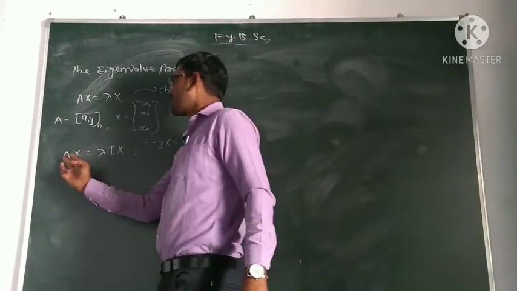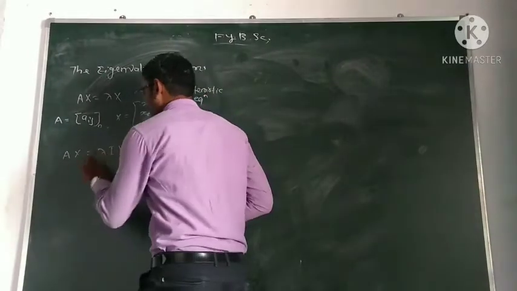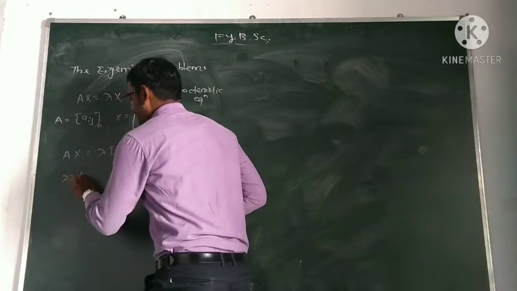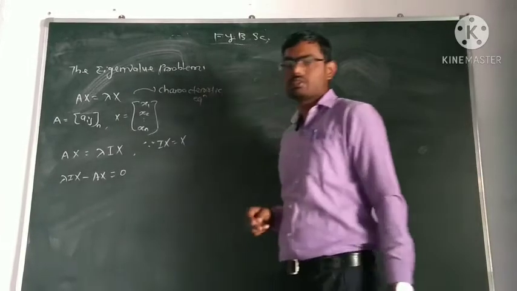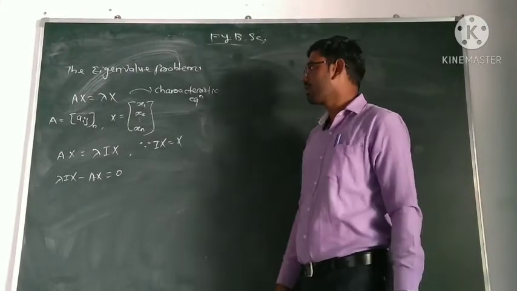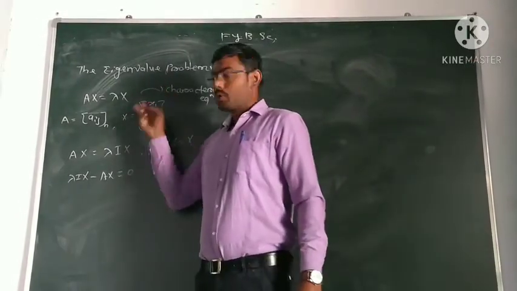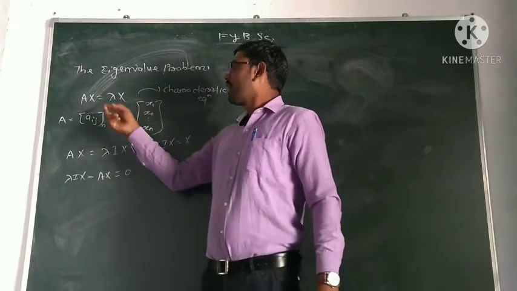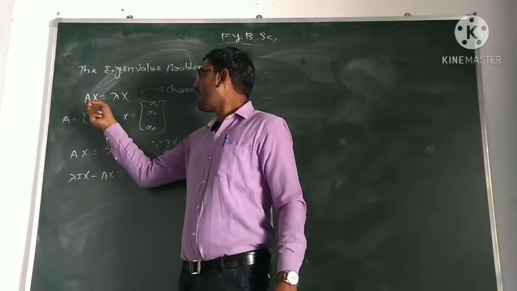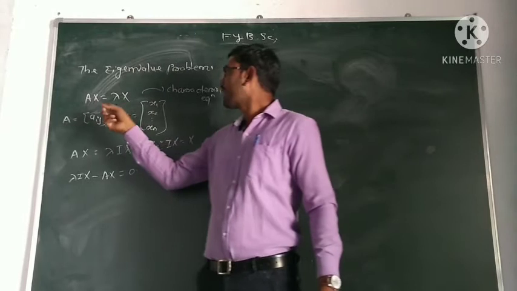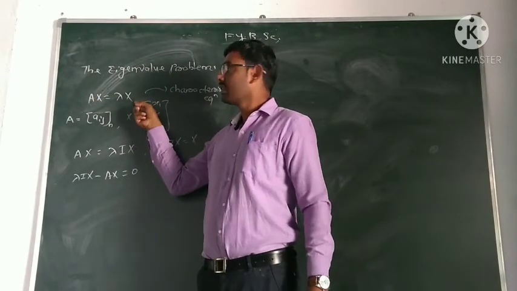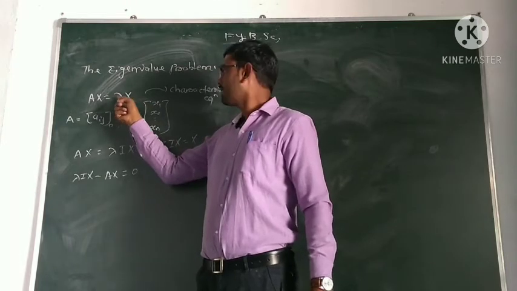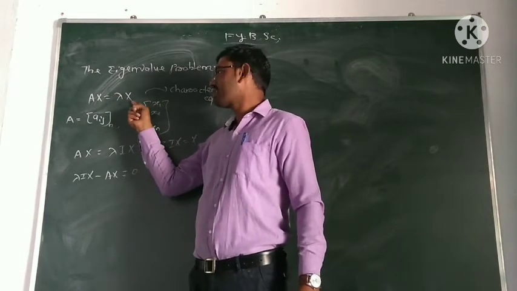Now transfer this to one side, so lambda Ix minus Ax = 0. Before going to the next step, if we get a matrix A and vector x such that Ax = lambda x, then this lambda is called an eigenvalue and this x is called an eigenvector or characteristic vector.